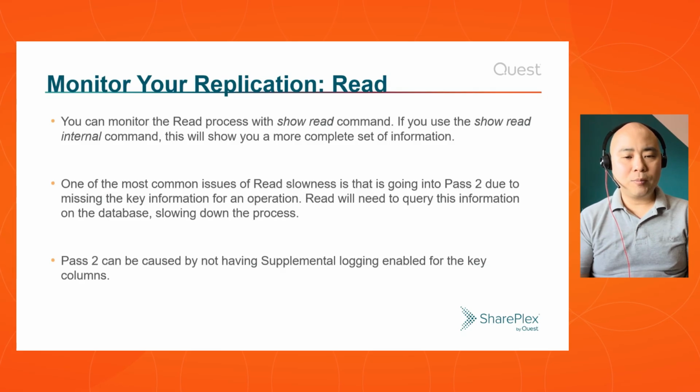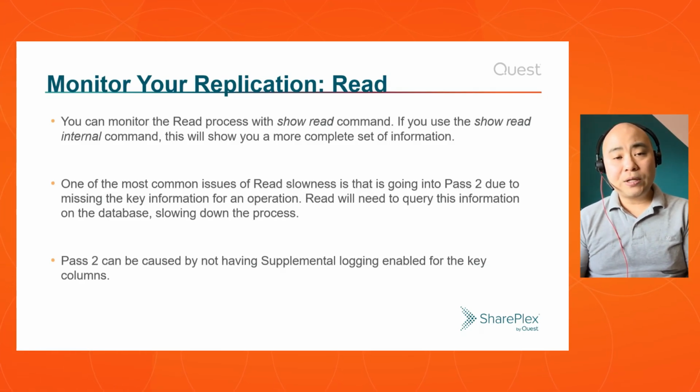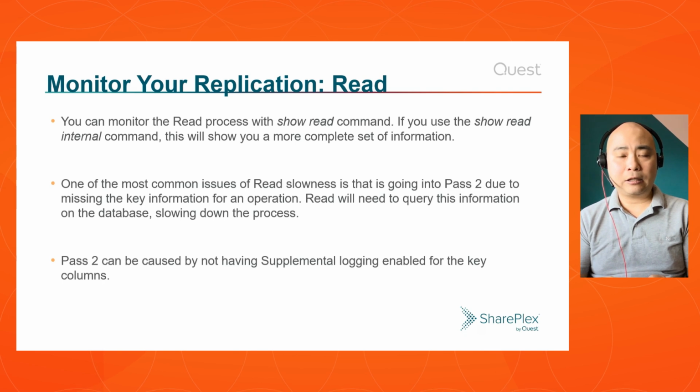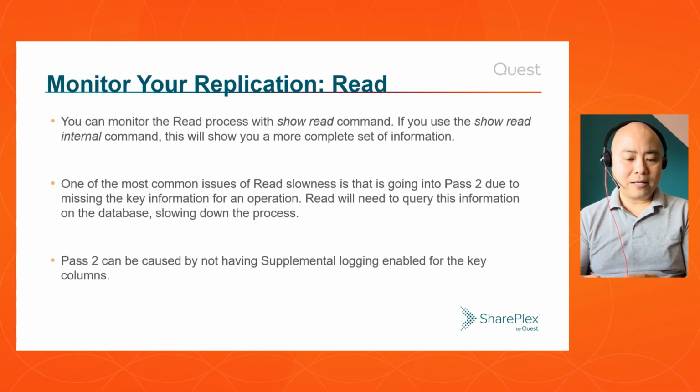One of those common issues that we usually encounter is read going into pass two. The way read works is that it works in a two-pass process. If a message is captured from the database and has the key columns in that message, read will go through pass one and send them to the export queue.